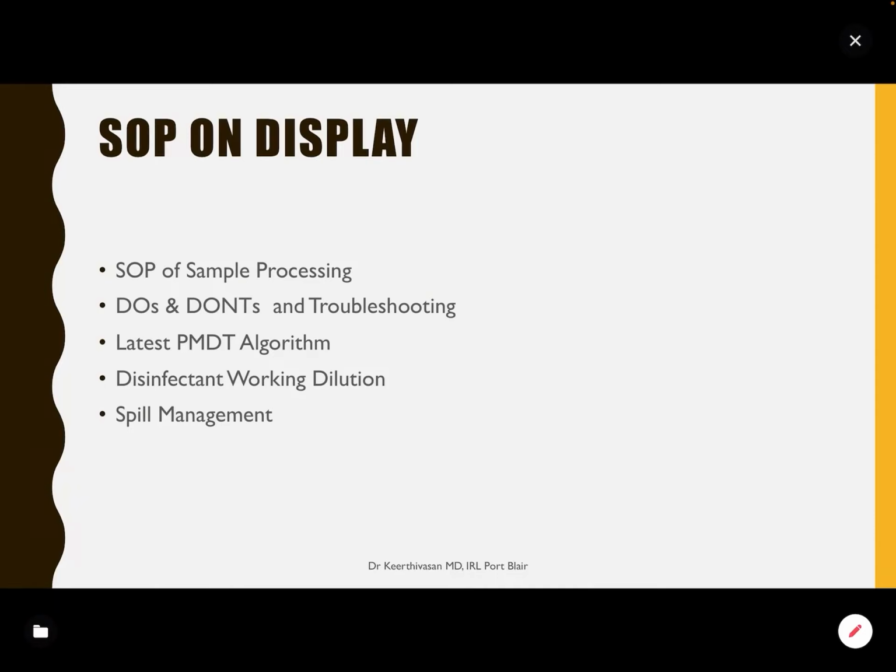Now let's see what are the standard operating protocols, SOPs, which have to be displayed in a TrueNat site. First, the SOP for sample processing, which we already shared in the first two parts of this training. Do's and don'ts in the troubleshooting chart. Then the latest PMDT algorithm. The current one is the 2021 PMDT algorithm. Disinfectant working solution.